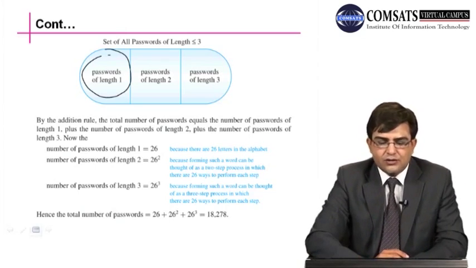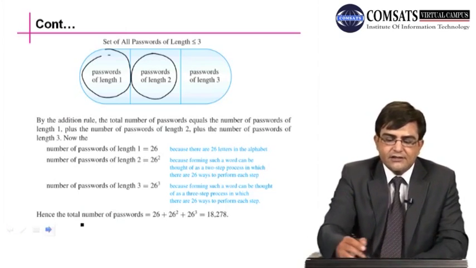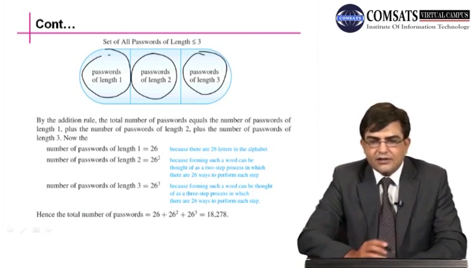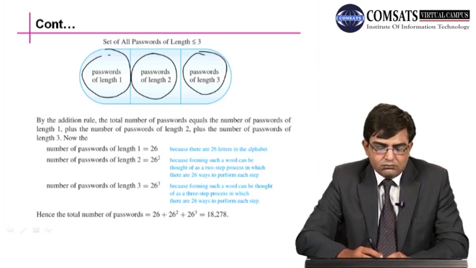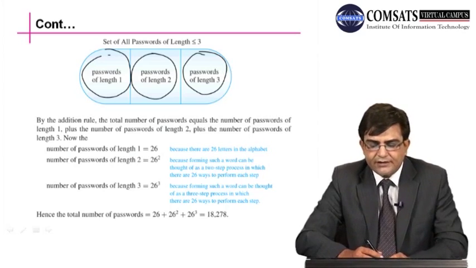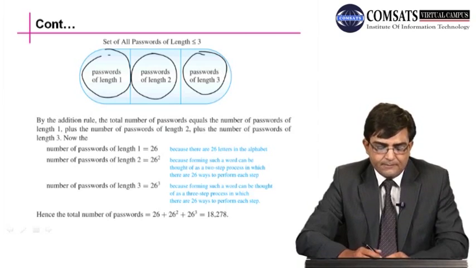This is a set which contains passwords of length 1. This is another set which contains passwords of length 2, and this is a set which contains passwords of length 3. Now, by the addition rule, the total number of passwords equals the number of passwords of length 1 plus the number of passwords of length 2 plus the number of passwords of length 3.